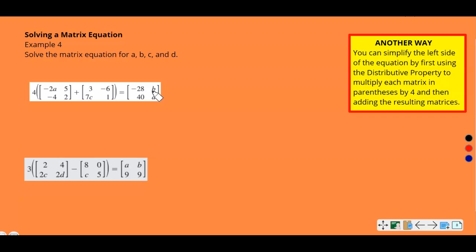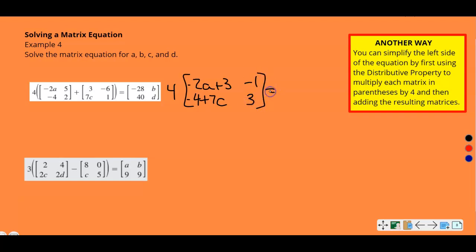So to start with, order of operations tells us to work inside the parentheses first. So I'm going to bring my scalar, my 4, along for the ride, and I'm going to go ahead and add the 2 matrices together. So I'm going to have negative 2a plus 3, and I'm going to have 5 plus negative 6, and I'm going to have negative 4 plus 7c, and then I'm going to have 2 plus 1. 2 plus 1 is 3.